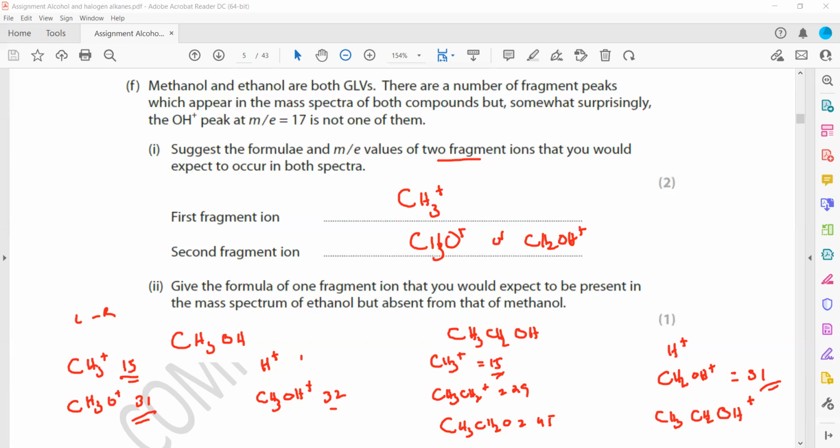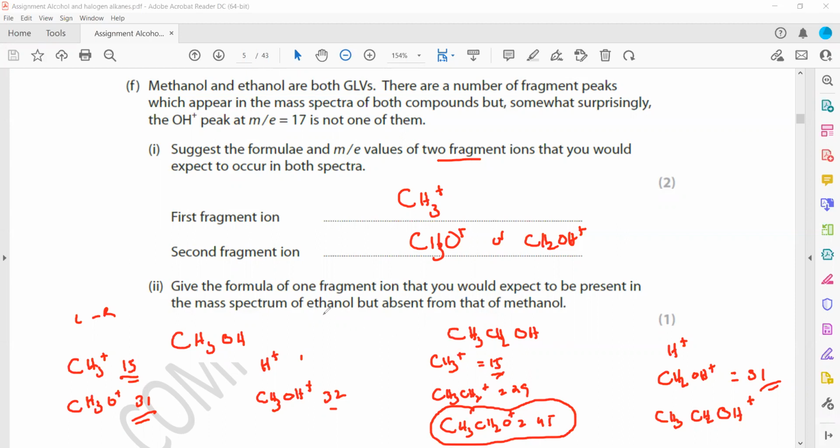And then, give the formula of the fragment ion that would be expected to be present in the mass spectrum of ethanol but absent in methanol. So which fragment is present in ethanol but not present in methanol? You can see this one, 45. The 45 is present in ethanol but not in methanol, so we can write CH3CH2O, which is 45.